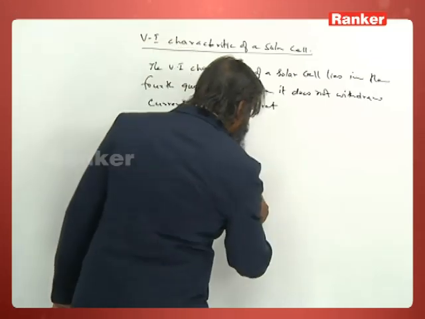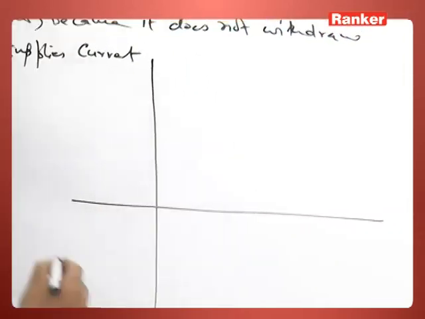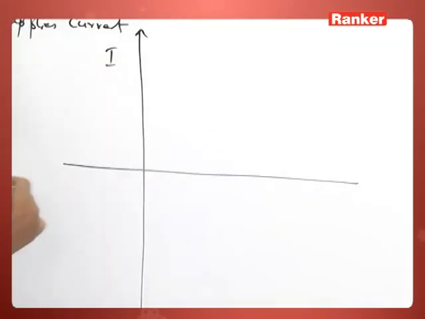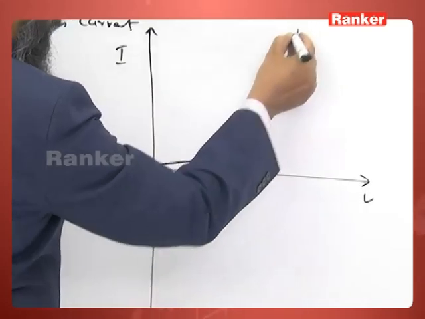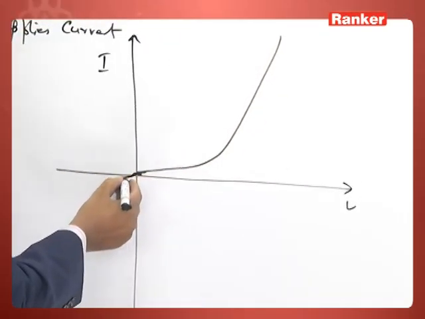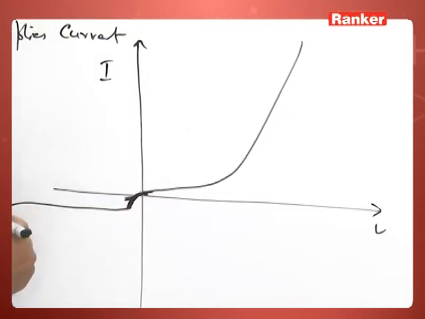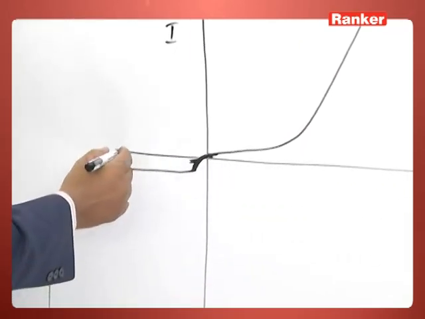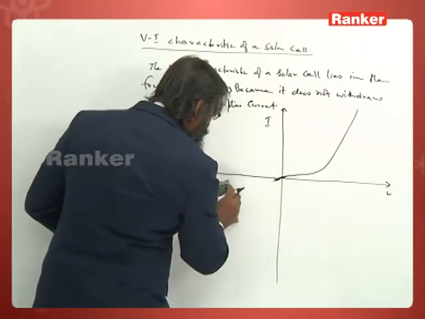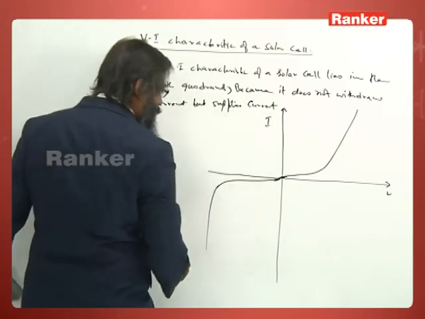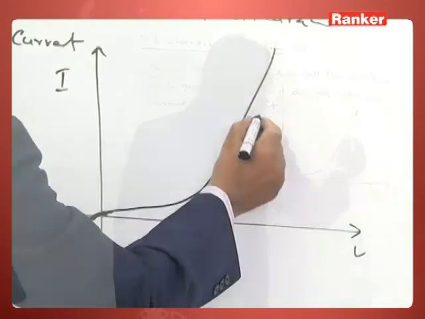So this is the plot I am going to draw here, and this is the current and this is my voltage. So my graph should be actually something like this, and then something like this. The reverse quantity is very small, so just show it to be here like this. So this is the VI characteristic when it is dark.